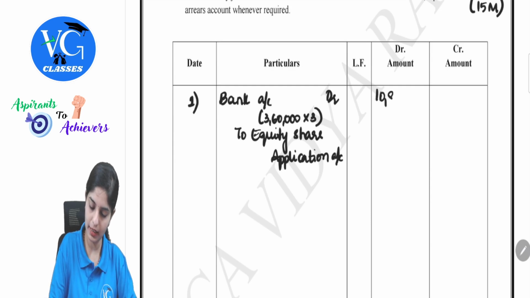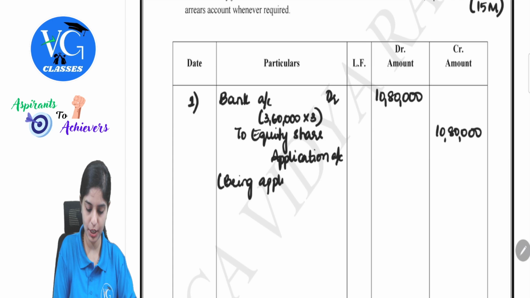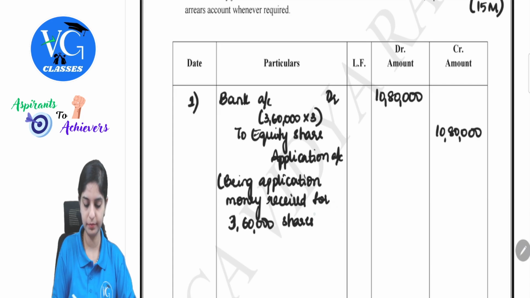So this will be 10,80,000. Being application money received for 3,60,000 shares.